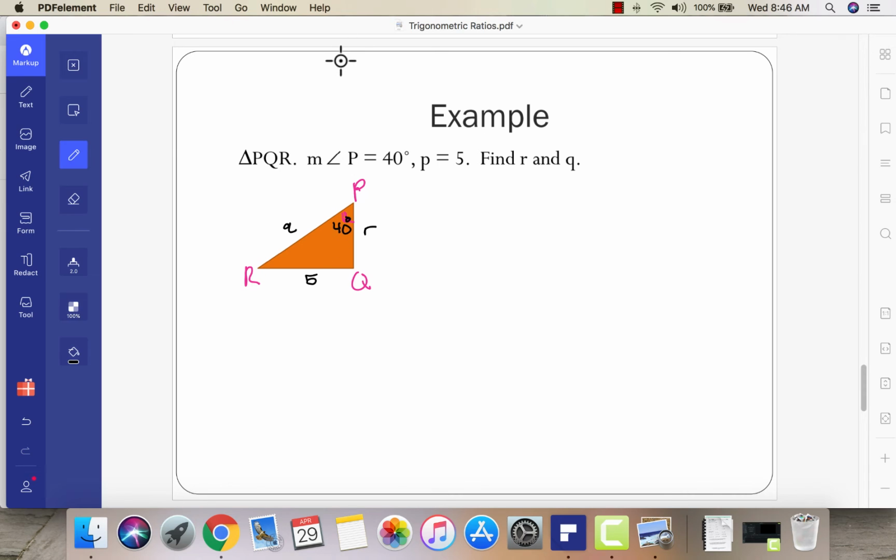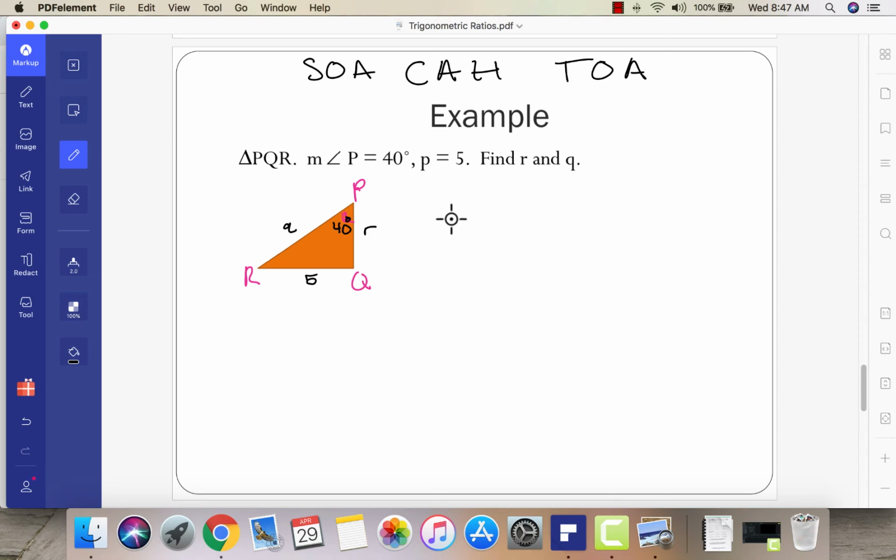So if we look at our SOHCAHTOA, tangent uses opposite and sine uses opposite, so we can use either one of those to find our missing side.